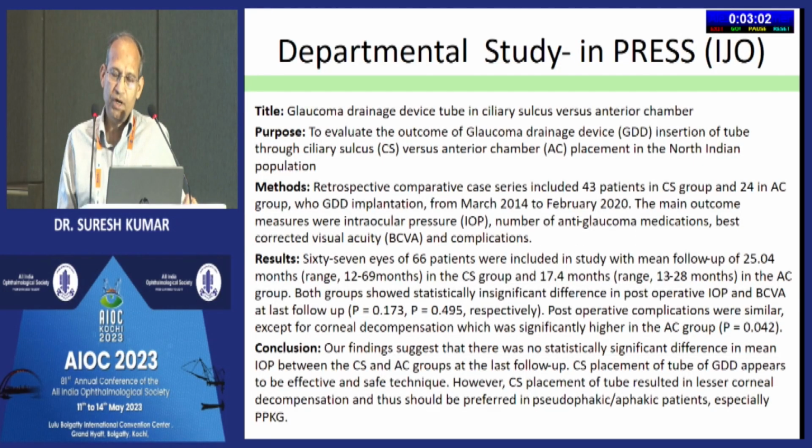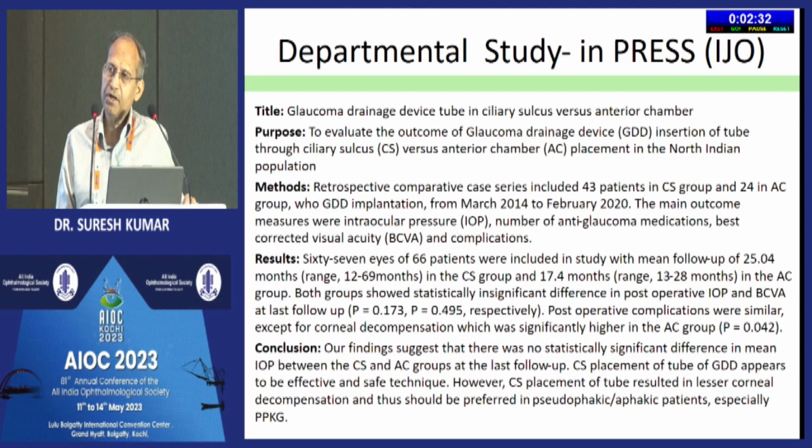One of our departmental studies, which has been accepted for publication in the Indian Journal of Ophthalmology, is a retrospective case series of 66 patients in which 43 patients underwent ciliary sulcus implantation of the tube as compared to 24 patients in anterior chamber implantation. We found that intraocular pressure was similarly controlled in both groups, but corneal decompensation was significantly higher in the anterior chamber group.